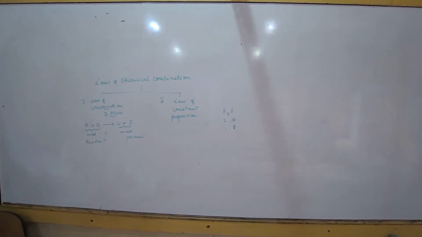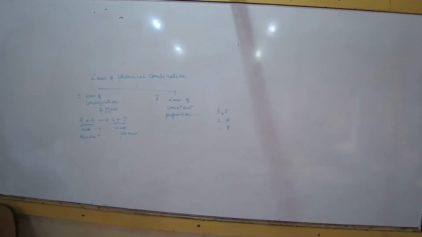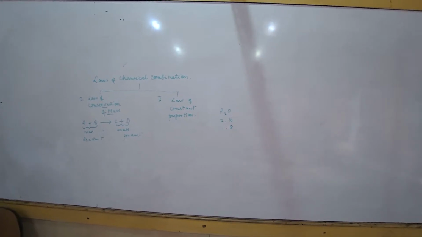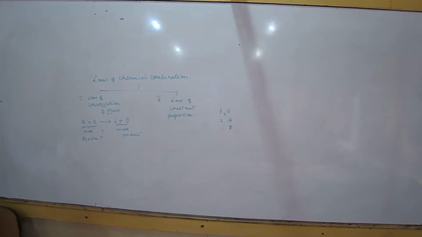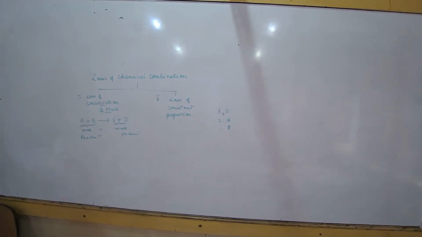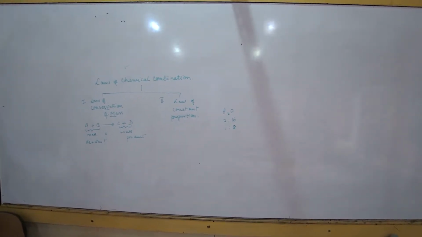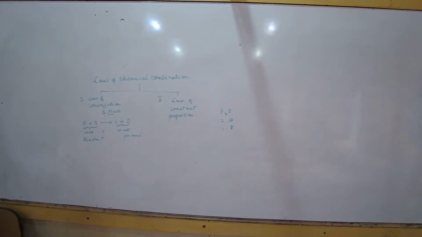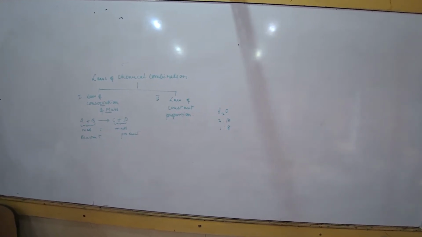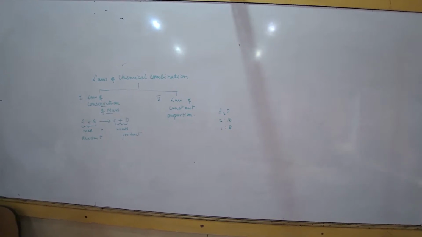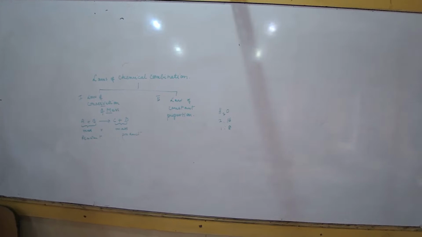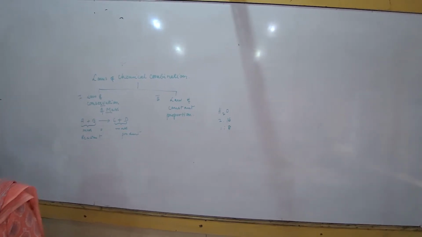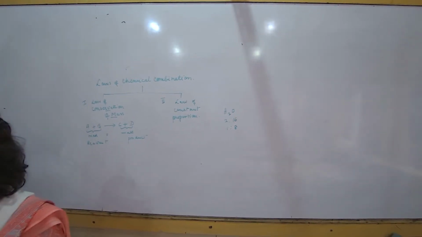In a chemical substance, the elements are always present in definite proportion by mass.